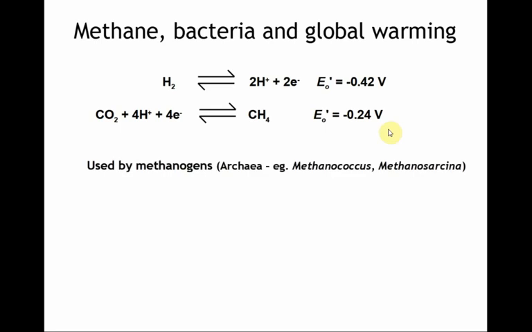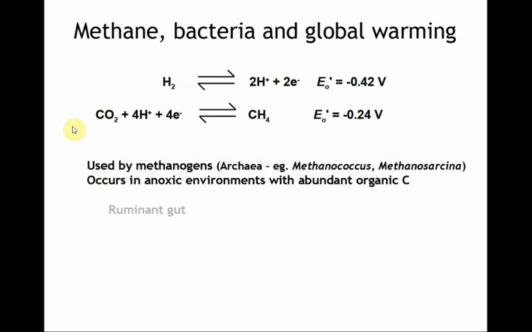Most, I think all, methanogens are archaebacteria, are archaea, and you get methane production where you have no oxygen but you've got abundant organic carbon. The organic carbon will be fermented by other bacteria, and molecular hydrogen will be one of the fermentation products, as well as CO2.